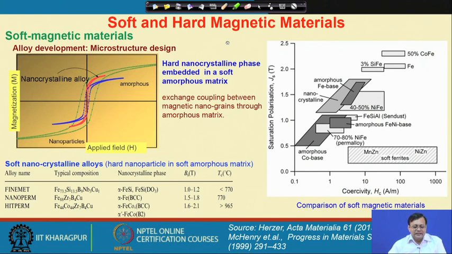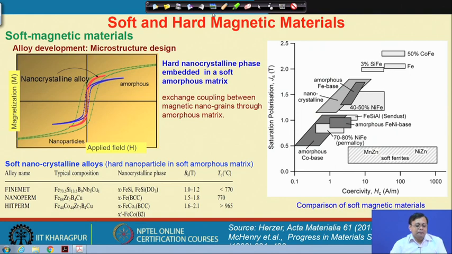Now, let us compare between an amorphous material, a nanocrystalline material and a nanoparticle. So, if we consider a single nanoparticle, then the magnetization versus applied field curve will appear as the green curve that I have shown you here. So, this is a typical nanoparticle.